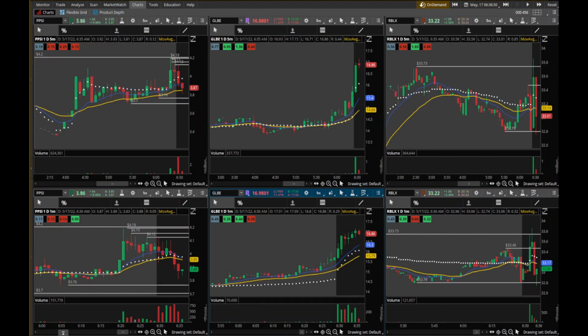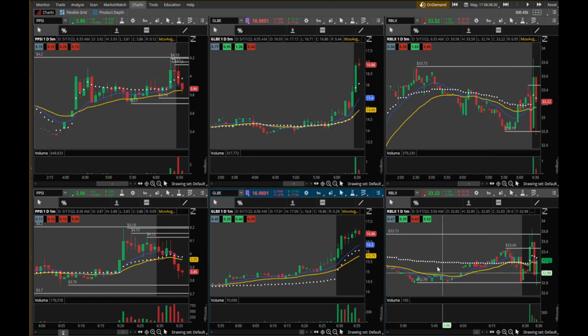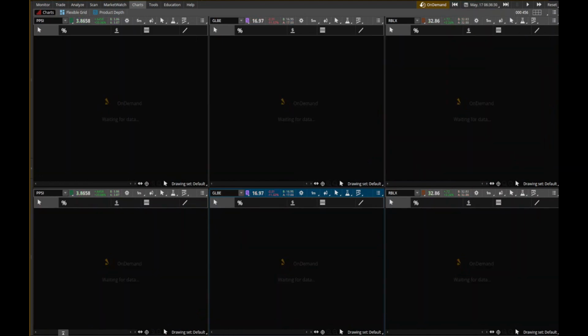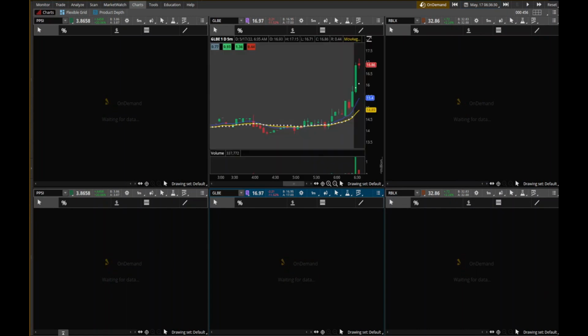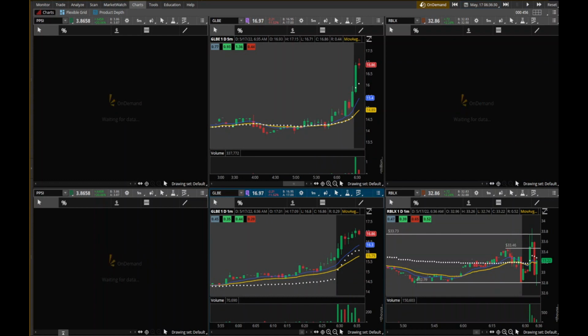You see how GLBE is frozen up. So I'm going to pause that. I'm going to back this up, say 20 seconds. This just kind of resets the server, I guess, on my end, so that the charts will... You can actually start to see the charts move.